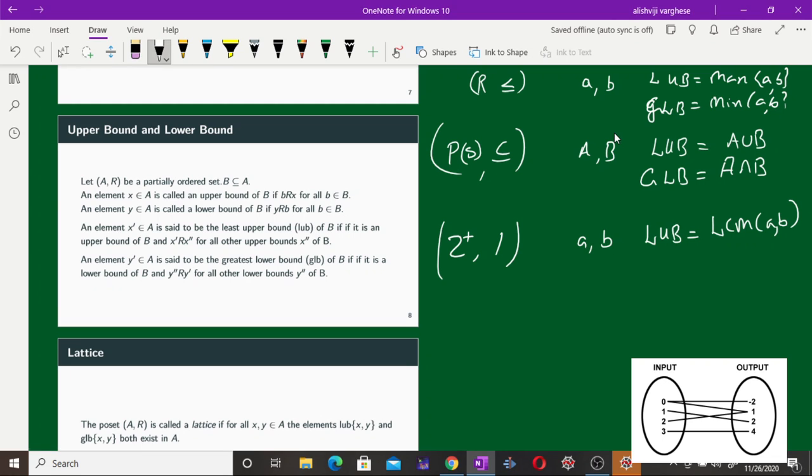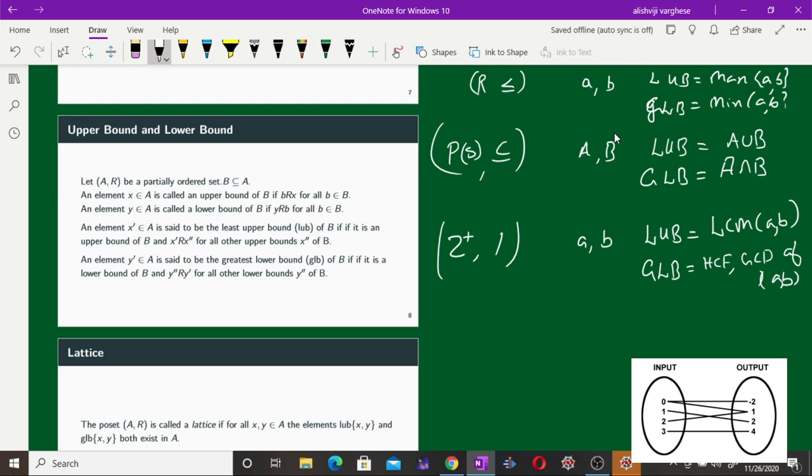And if we are looking for the greatest lower bound, then it is nothing but the HCF or the GCD of A and B, the highest common factor or greatest common divisor.